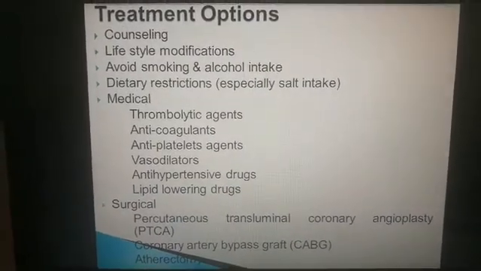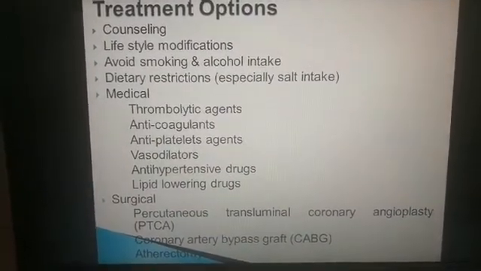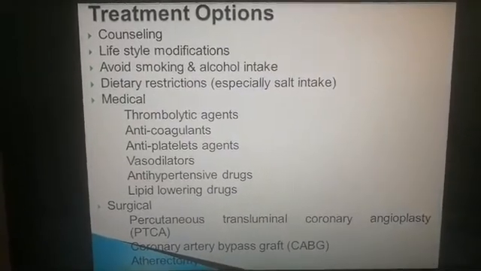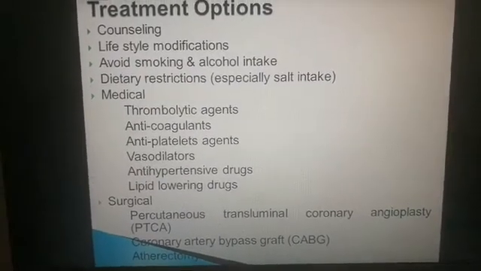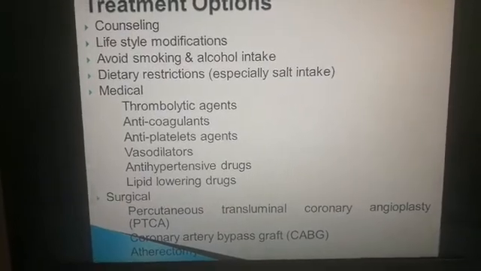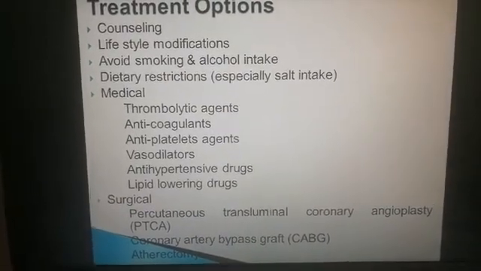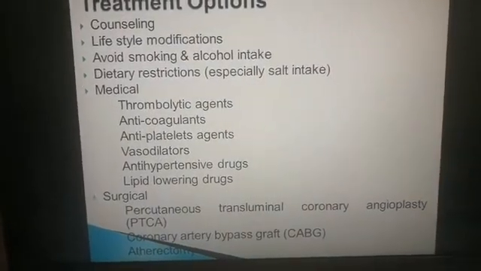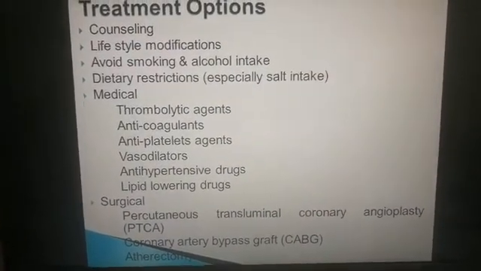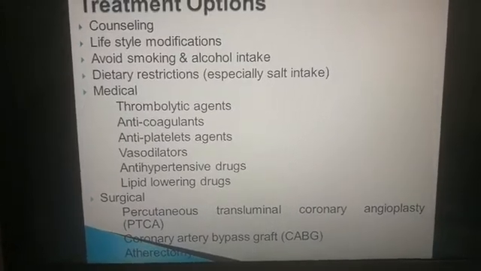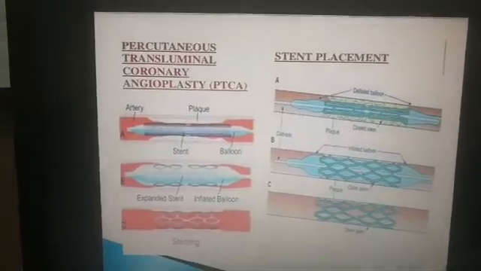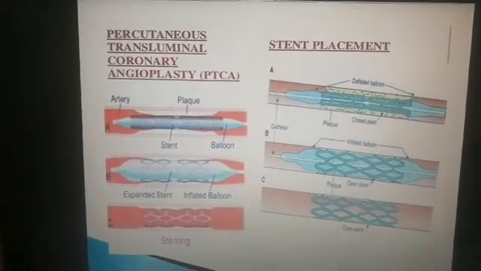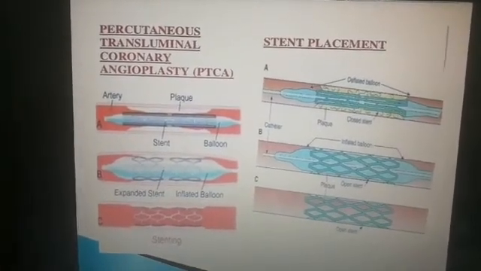So counseling, lifestyle modifications, avoid smoking and alcohol intake, dietary restrictions, salt intake especially; medically thrombolytics, anticoagulants, antiplatelet agents, vasodilators, antihypertensives, lipid-lowering drugs; surgically percutaneous transluminal coronary angioplasty, coronary artery bypass graft, and atherectomy. These few are the pictures of percutaneous transluminal coronary angioplasty.